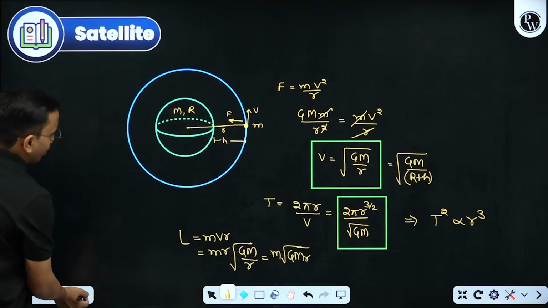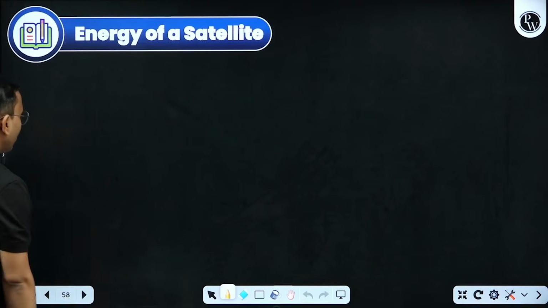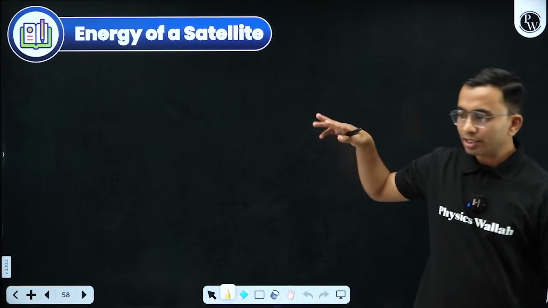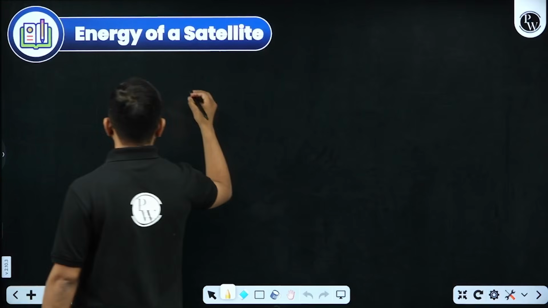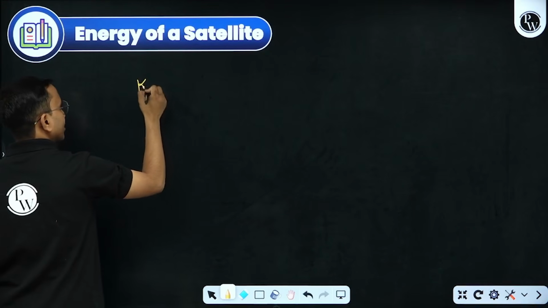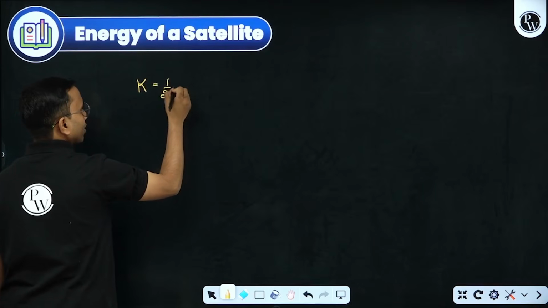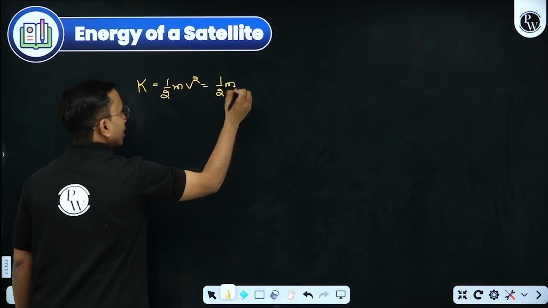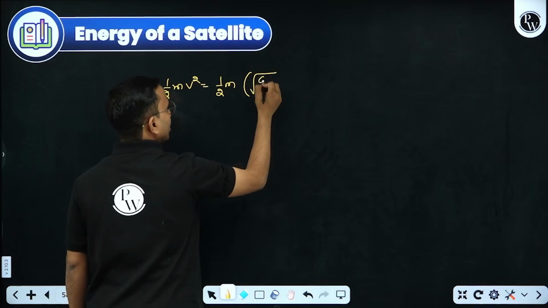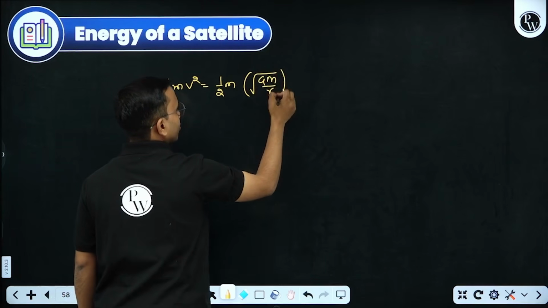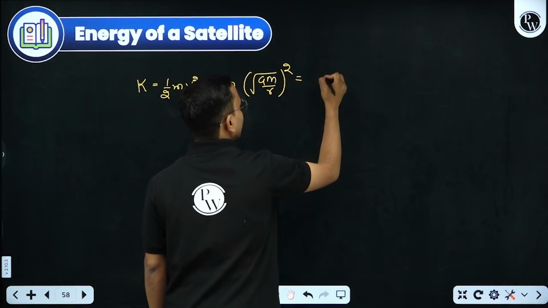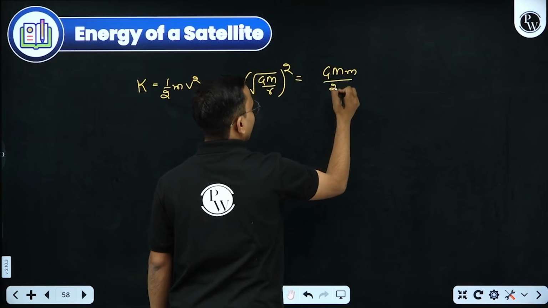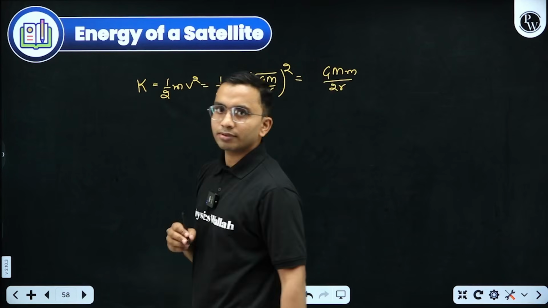Time period. Okay. Now energy of satellite. Now this satellite is moving in circular orbit. We got the speed of the satellite. If I write the kinetic energy of this satellite, you will say kinetic energy is always half mv square. This is the formula for kinetic energy. So half m into square of root GM by r. So what is this? This is GMm by 2r. This becomes my kinetic energy.